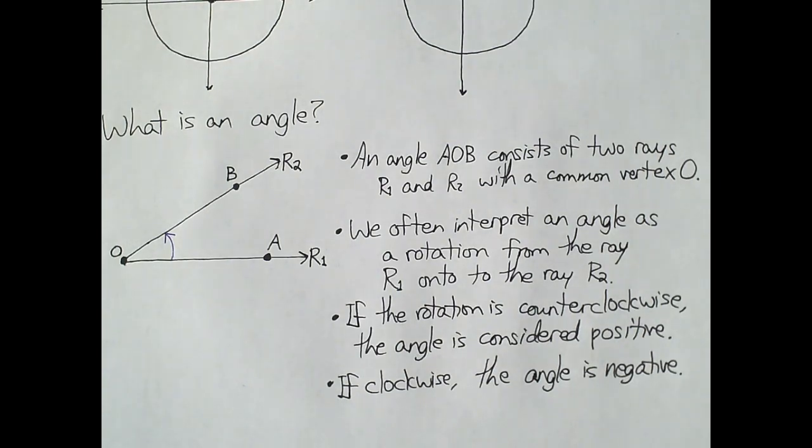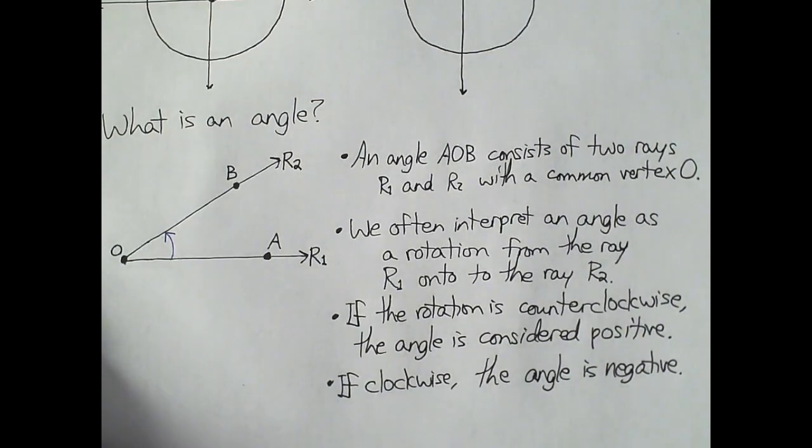All right, so we've talked about what it technically means to be an angle in terms of rays, and we interpret it as rotation. And now the title of this lesson was angle measure. So we want to talk about how to measure angles, and I'm going to tell you 2 ways to measure angles.